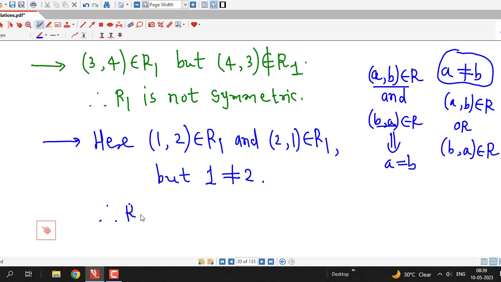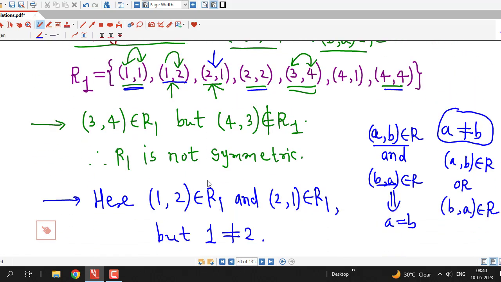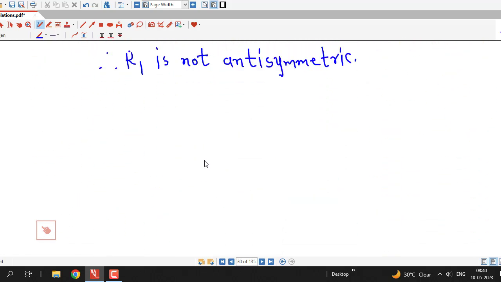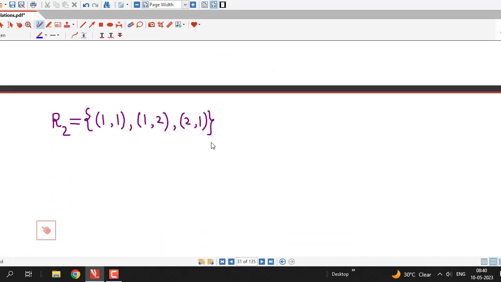This implies that R1 is not antisymmetric. So we can see this relation R1 is that relation which is neither symmetric nor antisymmetric. So that implies that symmetric and antisymmetric are not opposite of each other.